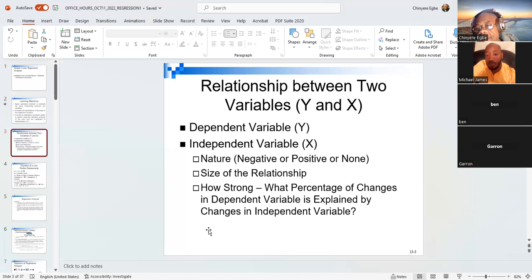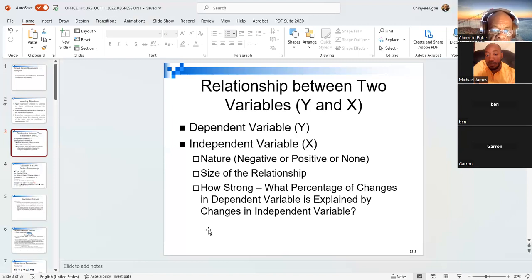For example, we raised the question of the price of a house depends on the size of the house. But it could also depend on the neighborhood. It could depend on the size of the land on which it was built and what have you. And so then the size of the house alone might just explain 60% of the price. And these other factors, maybe some of them unknown, explain the balance of 40%.